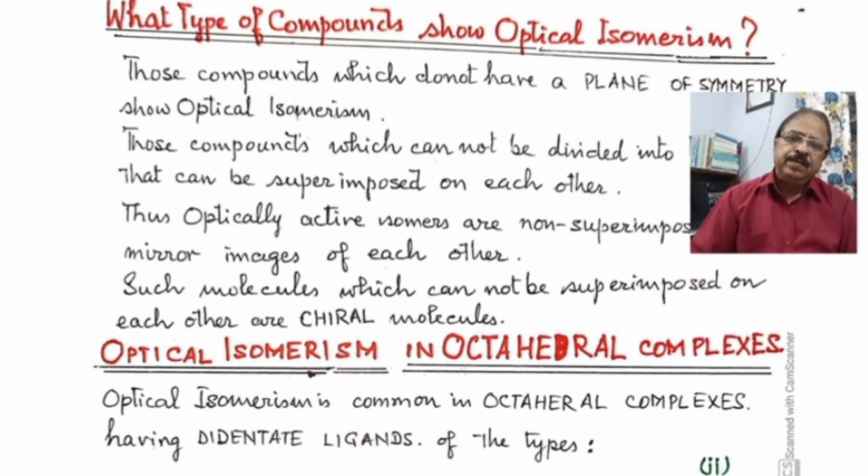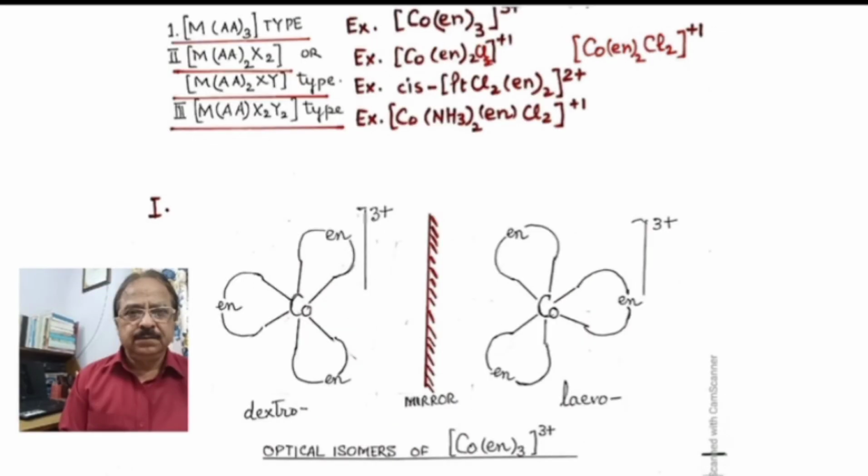Now we will be studying optical isomerism in octahedral complexes. Octahedral complexes having bidentate ligands of the types 1, 2 and 3. Now in the first example I have taken a coordination complex in which 3 bidentate ligands are bonded to the metal atom.